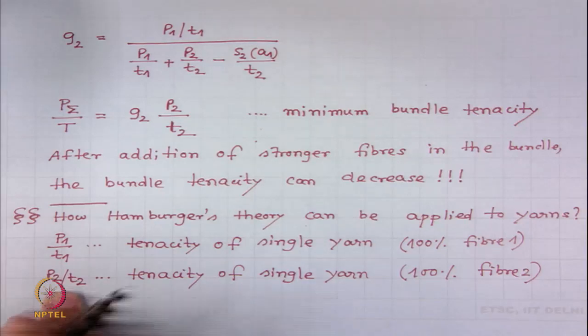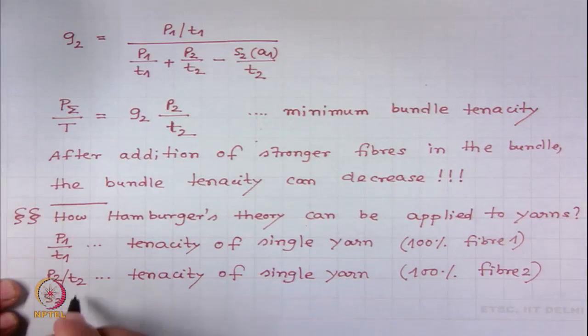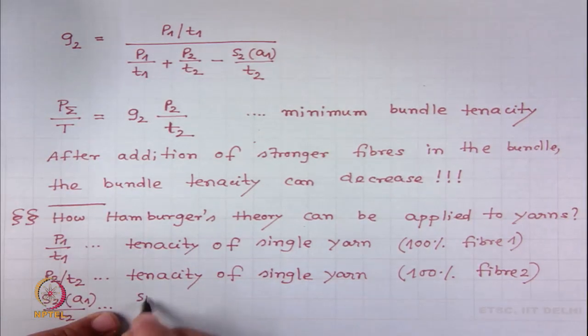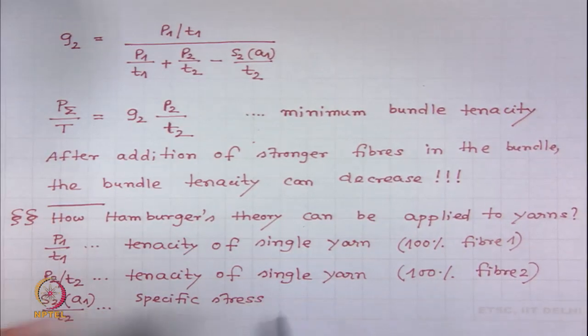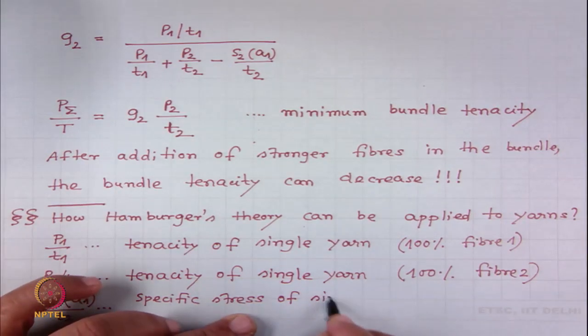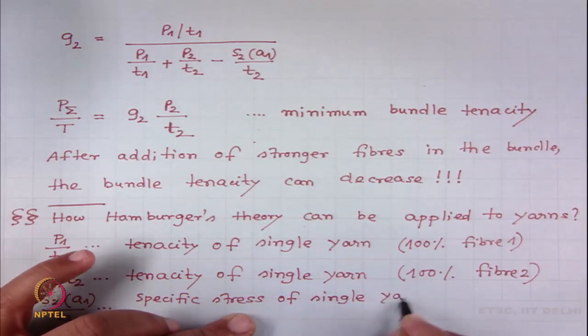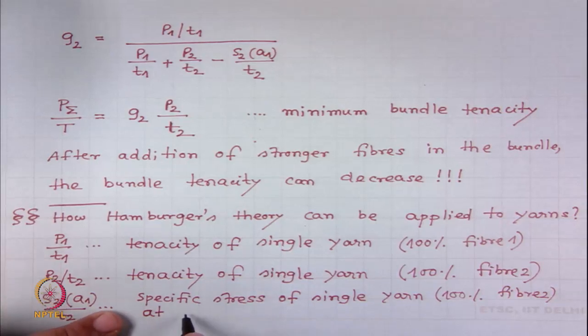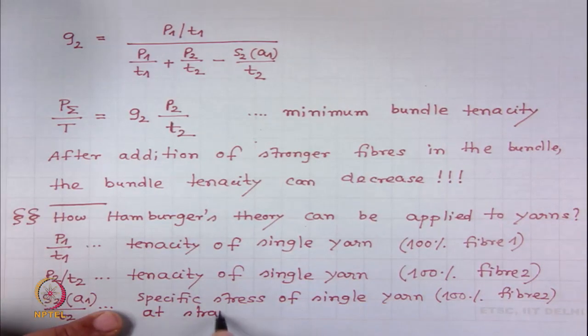And then what will be S2 by T2? This is the specific stress of single yarn, which yarn? 100% fiber 2 at strain A1.